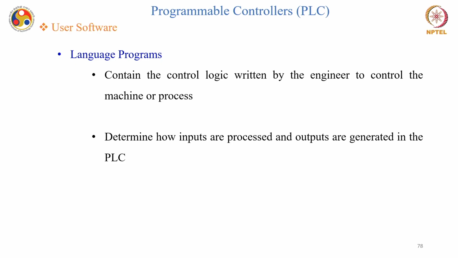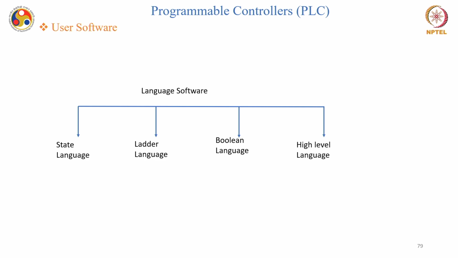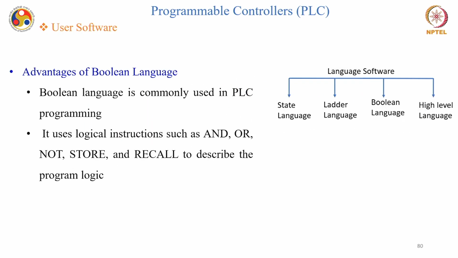It contains the control logic written by the engineer to control the machine or process and determines how inputs are processed and outputs are generated in the PLC. There are different types of programming languages that a PLC uses, like state languages, Boolean languages, high level languages and ladder languages, the last being the most frequently used, although Boolean language is also sometimes preferred.